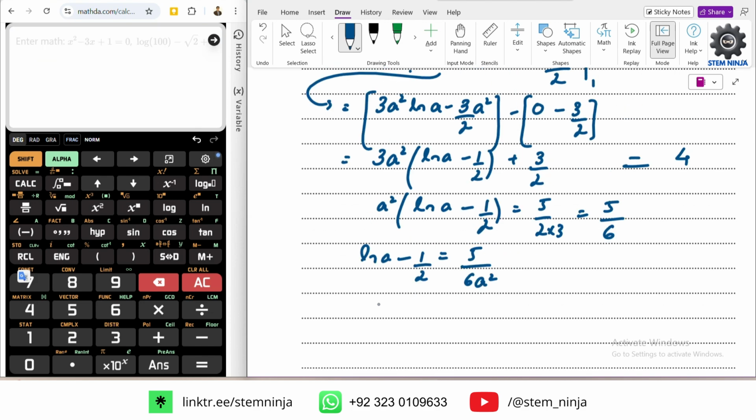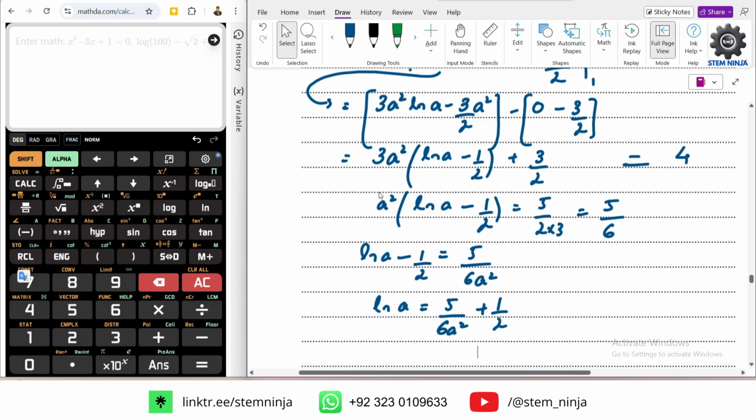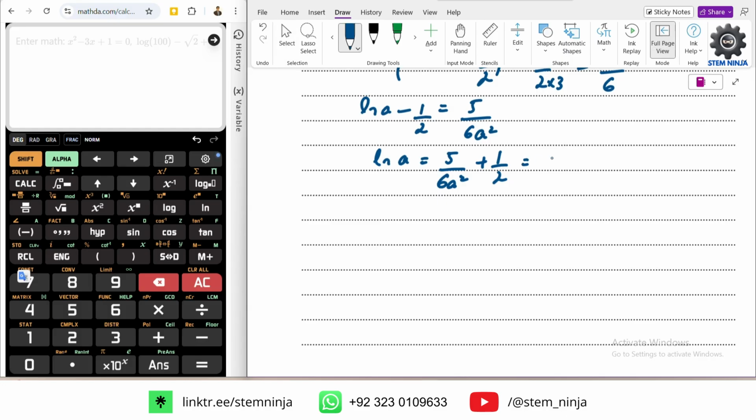So 1 over 2 goes to the other side, so ln a equals 5 over 6 a squared plus 1 over 2. And this can be simplified into 1 over 6 times 5 over a squared plus 3.